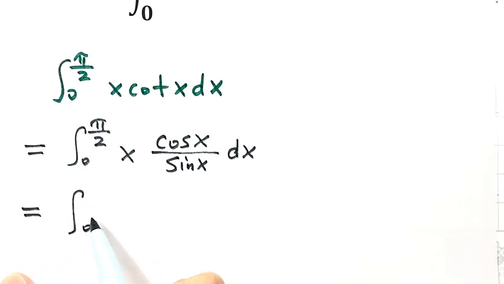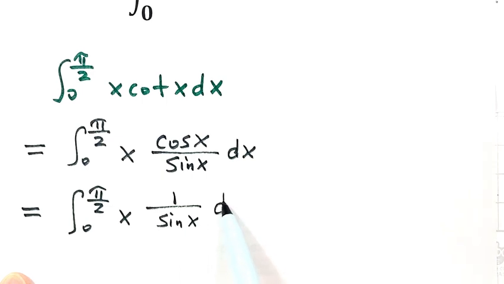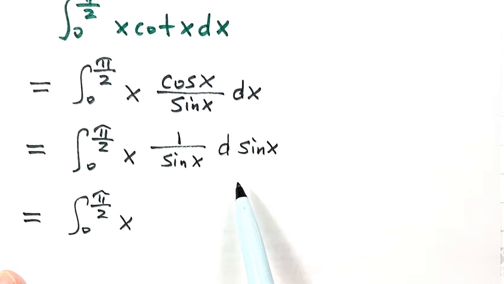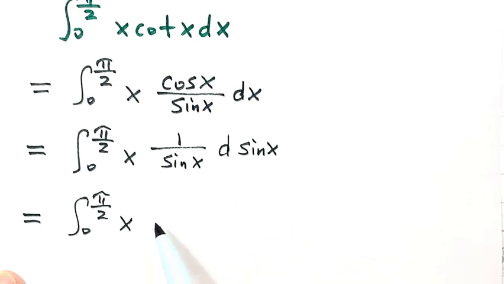Next, we're going to combine cosine x with dx. That's just d of sine x. Next, we're going to combine 1 over sine with d sine x. So that's d log sine x.